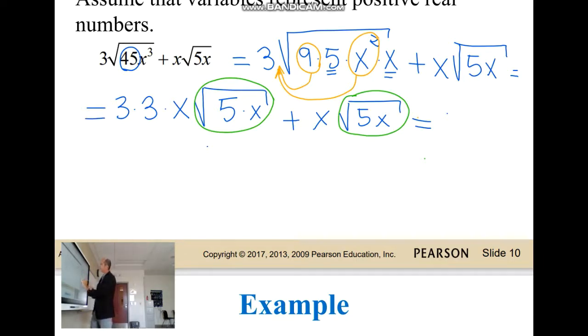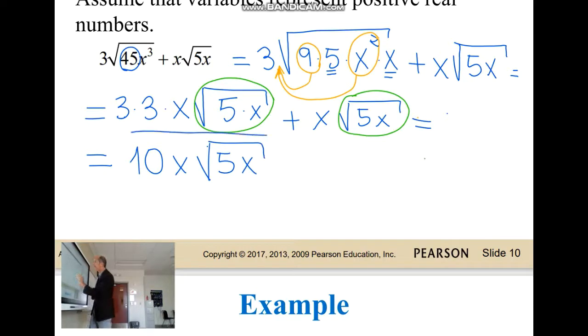So we combine the coefficients. 3 times 3, 9. 9x plus x. 9x plus x is 10x, right? 9x plus x, 10x. And repeat the like radical, square root of 5x. This is going to be the simplification of that expression here.